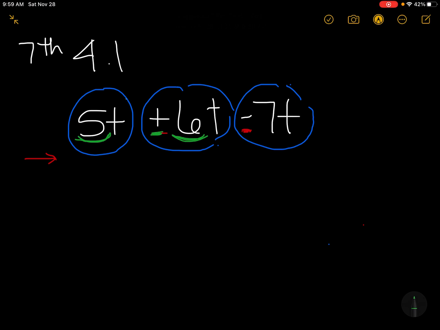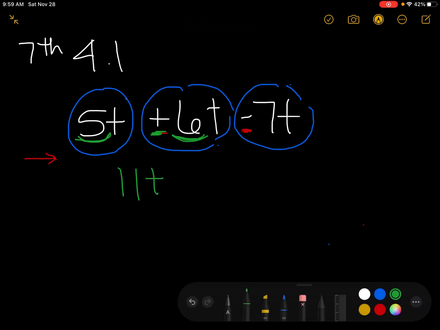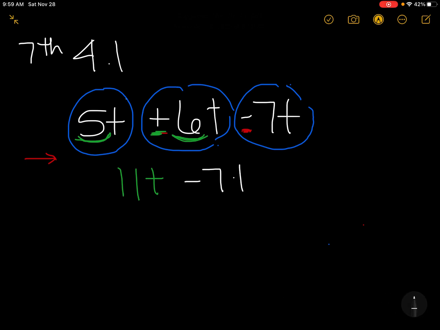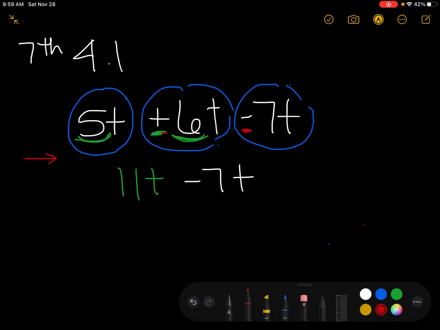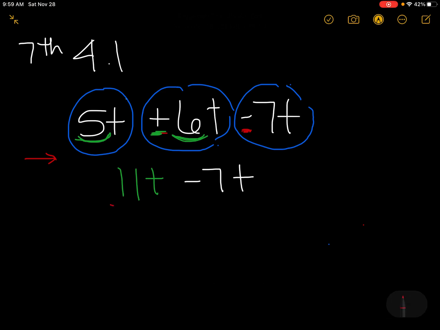5 plus 6 is 11, and we keep that same variable. And I'm going to drop down the rest of my problem. What's left is minus 7t. So again, we are really looking at the coefficient and the sign here. 11 minus 7.